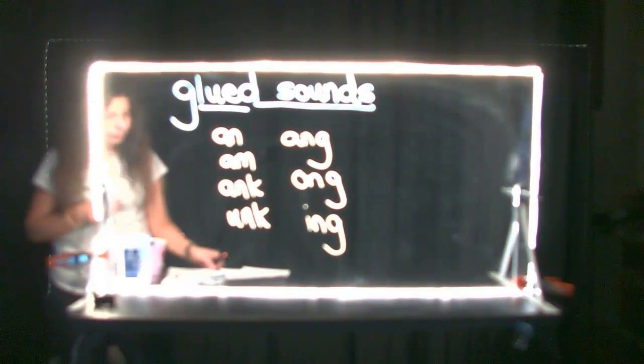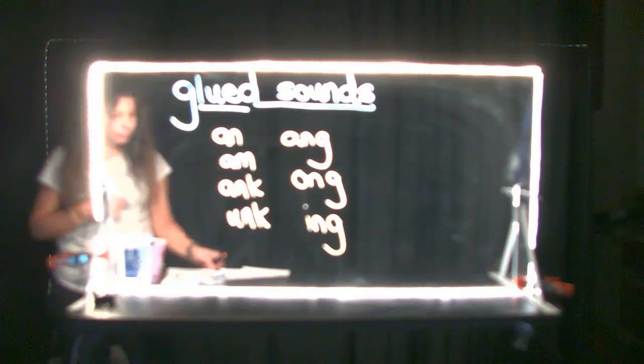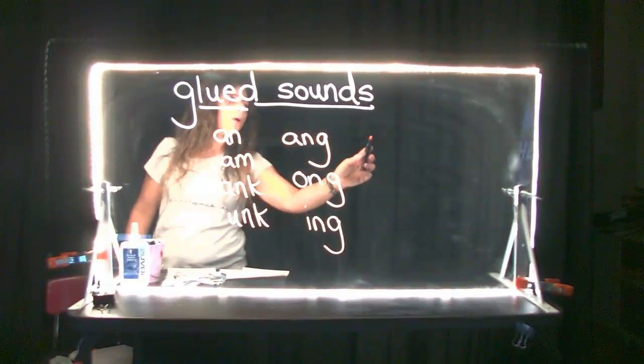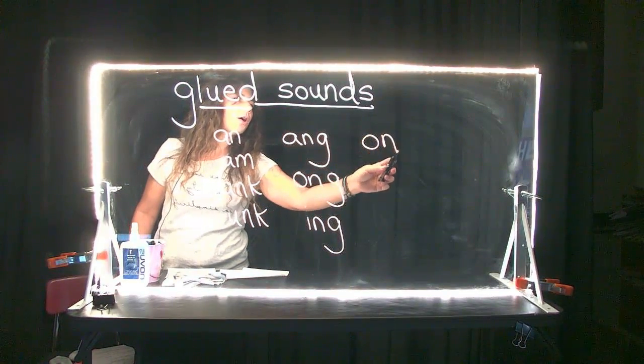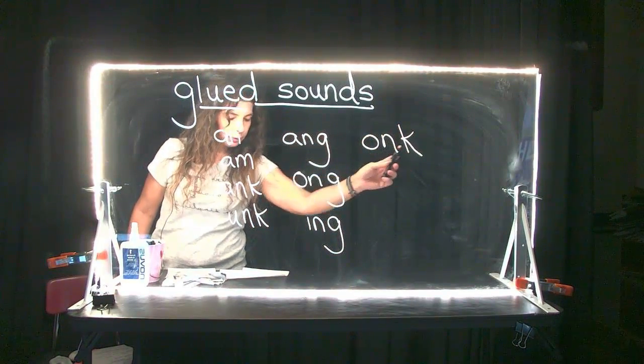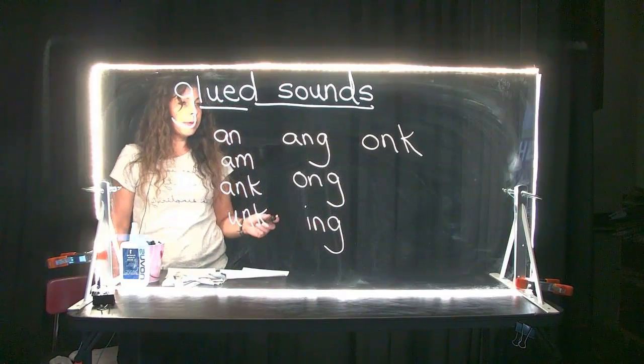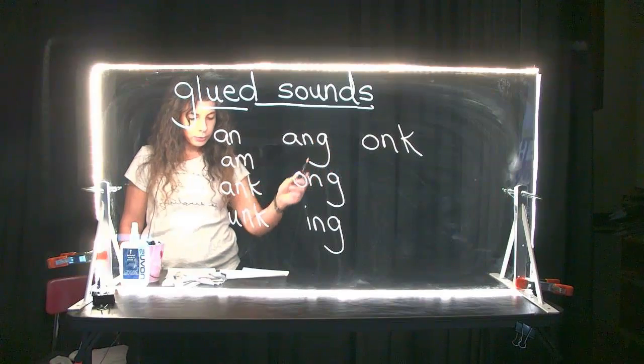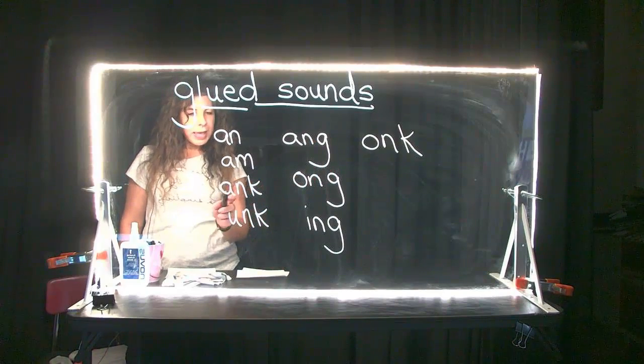I-N-G, sing, ing. O-N-K, honk, onk. We should have 11. 1, 2, 3, 4, 5, 6, 7, 8. Oh, we're missing some. I have A-N-K, bank.